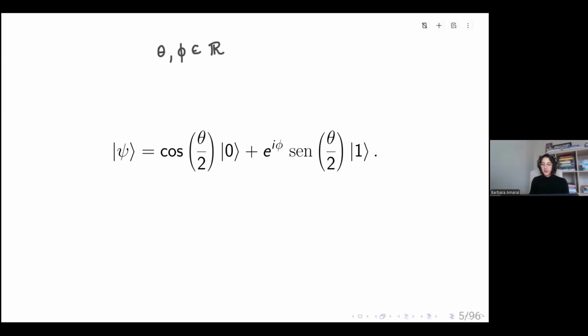These parameters are real. We could interpret them as angles, as we are going to do in a moment. Phi has to run from 0 to 2 pi. And theta runs from 0 to pi.